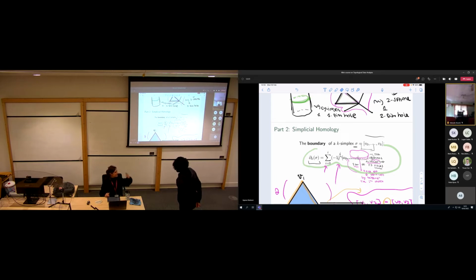All these coefficients and the ordering of the vertices are needed to make the algebraic machinery work. A natural choice could be integer coefficients, or real coefficients. You would work with algebraic structures, so yes, but not in our case.